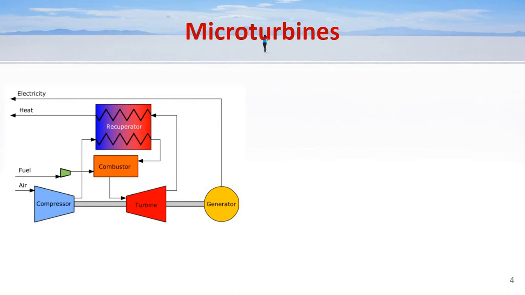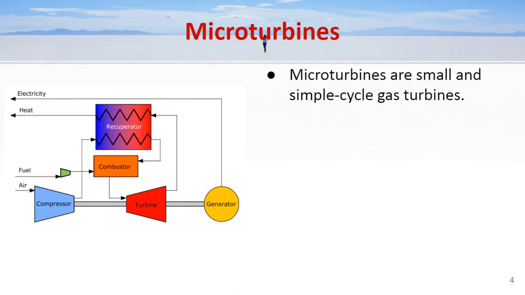So you can see the line diagram of a microturbine. They are small simple cycle gas turbines. The inlet air is compressed, and this air goes to a recuperator and it enters a combustion chamber.